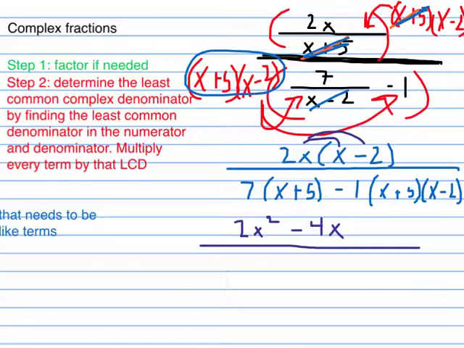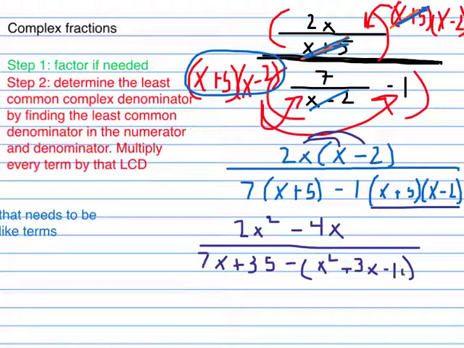And then on the bottom I have 7x plus 35. I need to FOIL that through, so I have minus, I need to FOIL, that's x squared plus 3x minus 10.